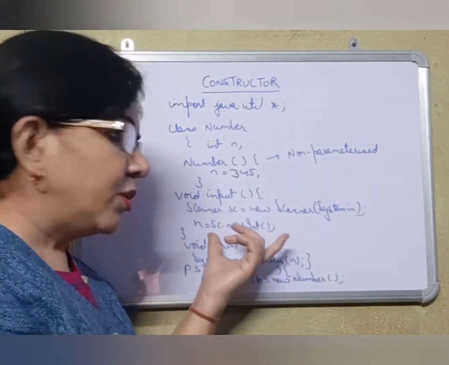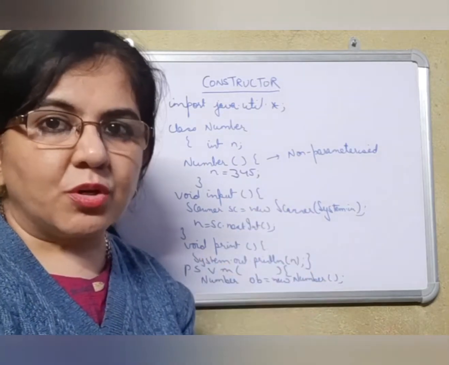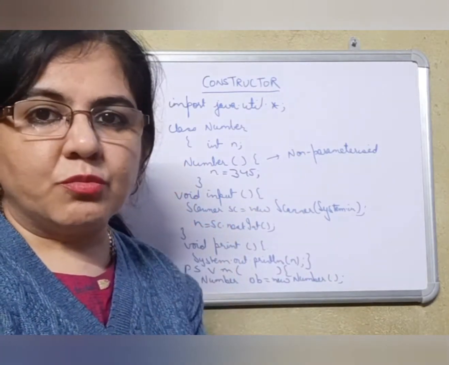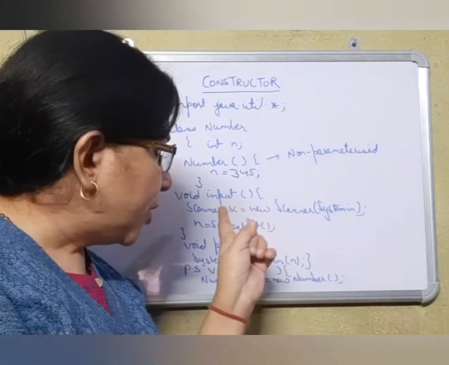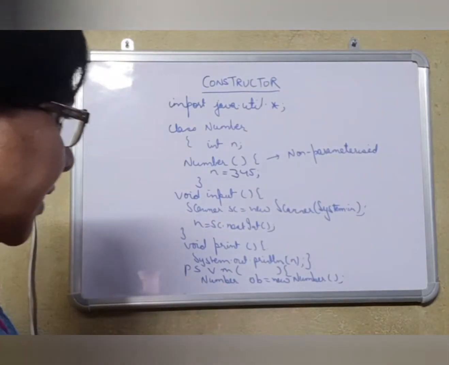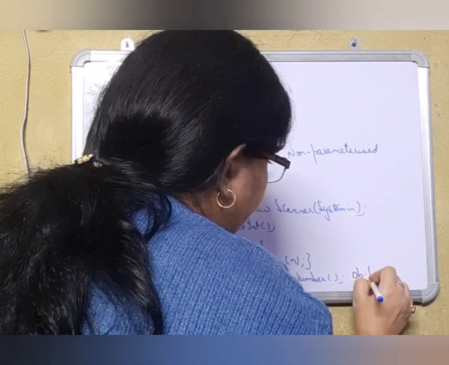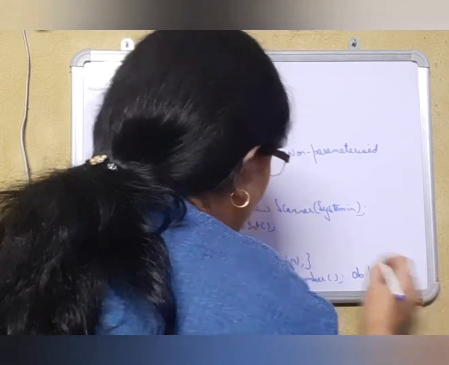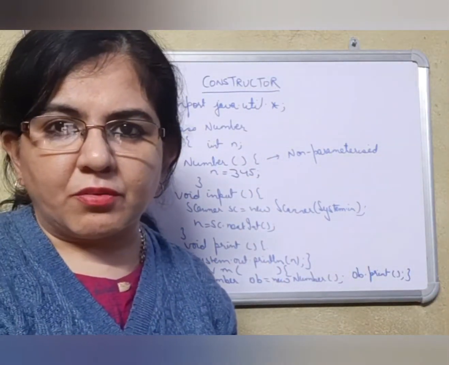And if you do not call the input function, we already know, if you people have already understood the OOP concept, that without the calling of the function it will never work for you. So input function will be useless if you do not call it. If after creating this object I write here ob.print, I will get 345 because inside the constructor I have already given here 345.